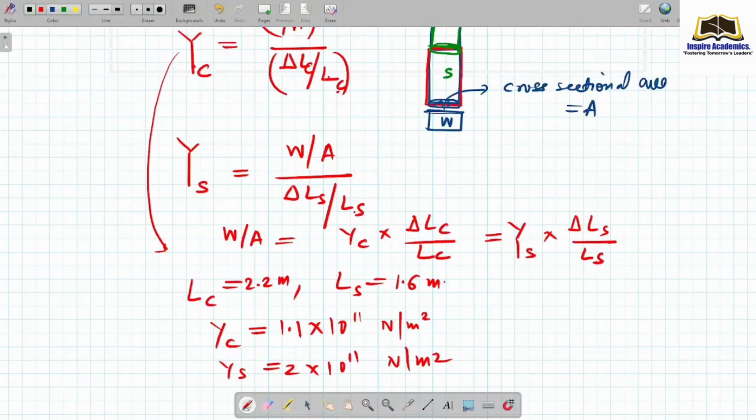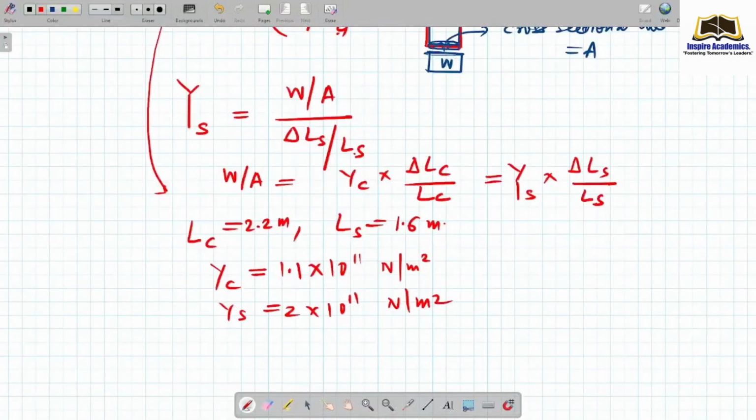Now, if you really see, can we put all these values? LC पता है, LS पता है, YC पता है, YS पता है. तो यहां से तुम्हारा वैल्यू क्या आ जाएगा?